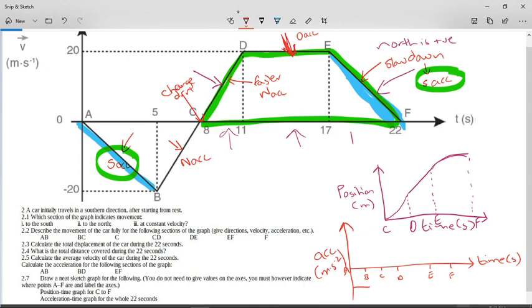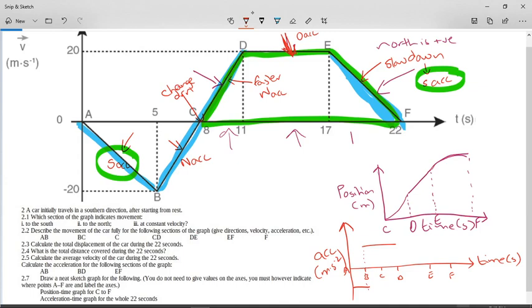From B to C, and then from B to D, in actual fact, check here, the whole way from B to D, we are actually traveling at the same constant acceleration. So from B to D, we're going to draw a line above the graph. Okay, and you can join the line below and the line above with a little dotted line, or you can just leave it blank.